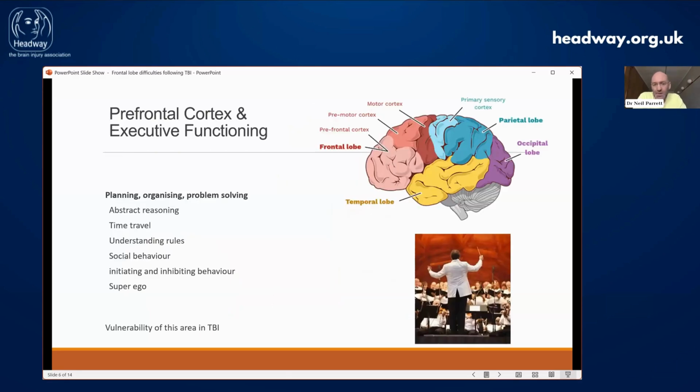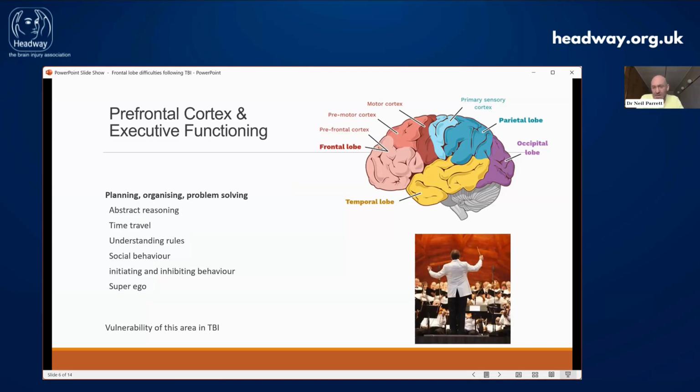Then beyond the motor cortex, premotor cortex, we have an area which is probably the focus of what we're talking about today, and that's the prefrontal cortex, right at the front of our brains. This is a large area which is often considered the control center of our brains, the area where information from all other parts of our brains is integrated and made sense of.